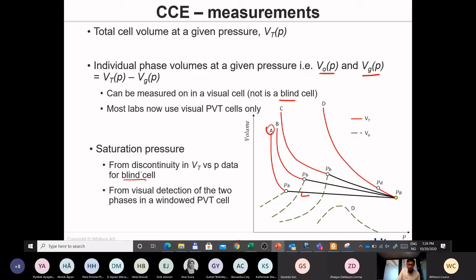So that's why these blind cells generally only work if you have very low shrinkage oil, usually with a GOR of less than 500 or 300 SCF per barrel. But if you have high GOR fluids, then you need this windowed PVT cell to measure the saturation pressure.